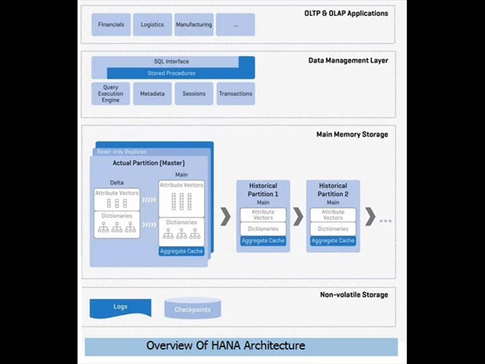Overview of HANA architecture. Modern in-memory databases with columnar storage serve both OLTP and OLAP systems equally well. Several independent applications get their own data space with parameters for maximum parallelization and memory. Partitioning concept.